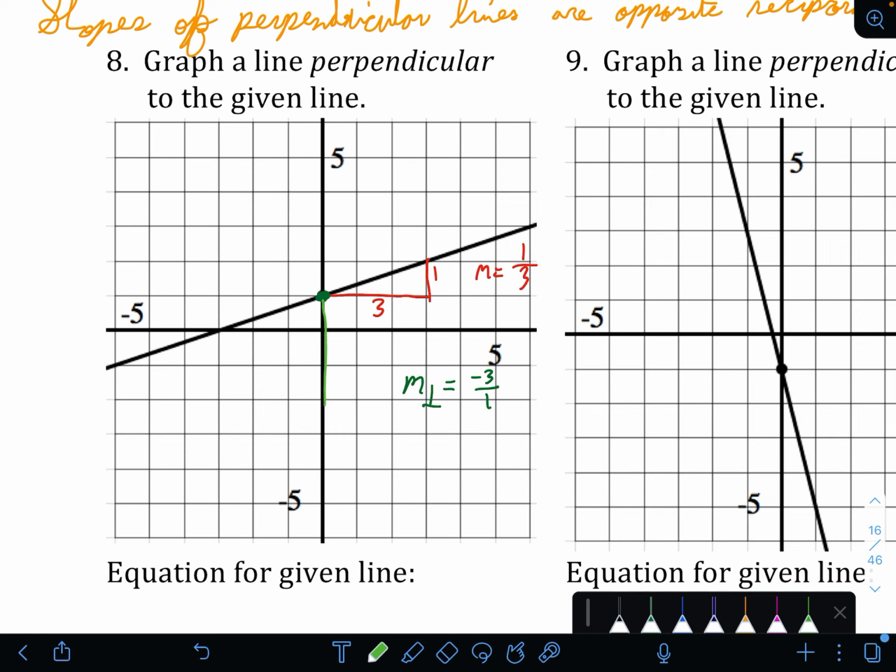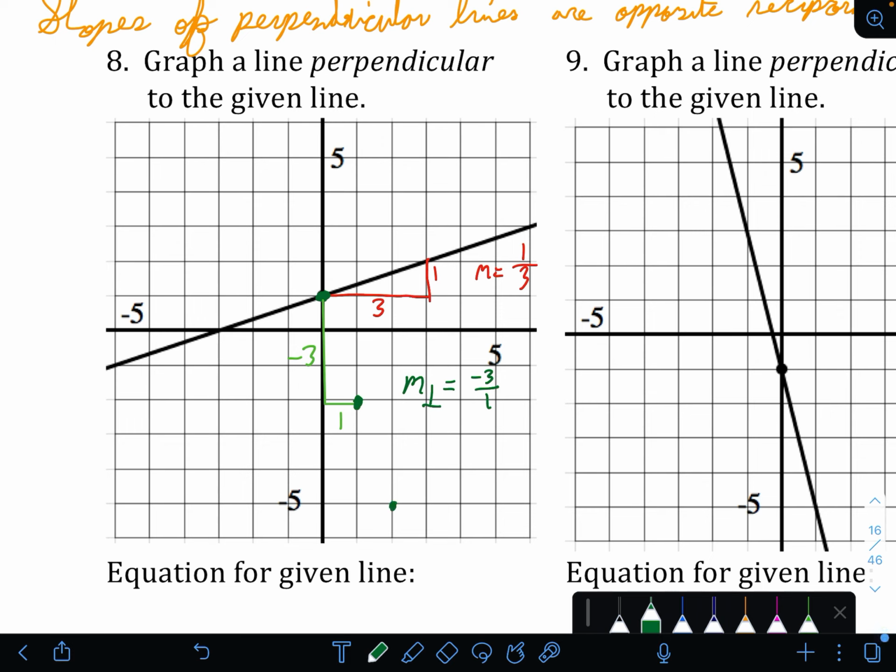Down 3, 1, 2, 3, and then over 1. The down 3 gives us our negative 3, and over 1 is the 1 on the bottom of our fraction. And this gives us our second point. So now that we've got 2 points, we can keep going.